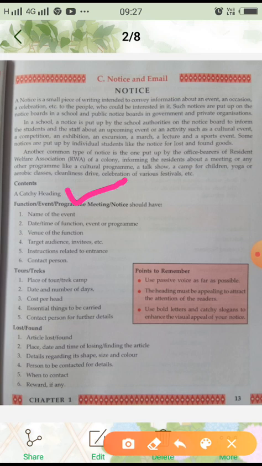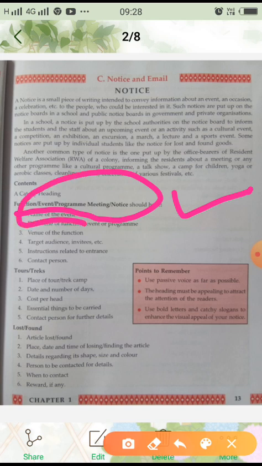Then after this, the second point that we have to keep in mind while writing a notice is the function. That is, the name of the function or event or program or meeting or notice. So you have to keep this point in mind.